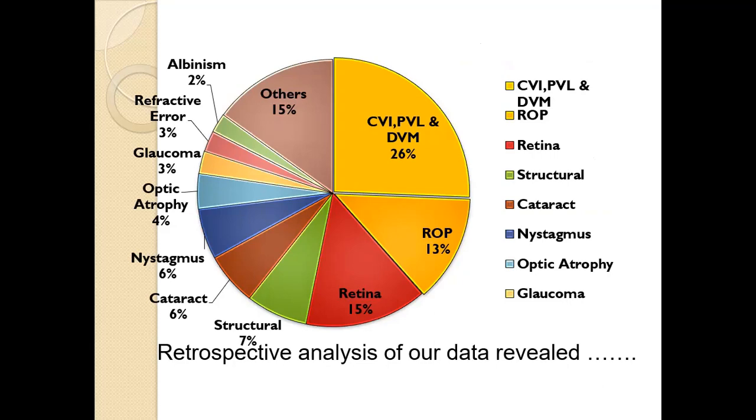Two decades back, the scenario was different in India. Now, when we retrospectively look at our data of the patients coming to the low vision clinic, it is mostly children with cerebrovascular insult, apart from the ocular condition. In those days, nutrition was the main factor.